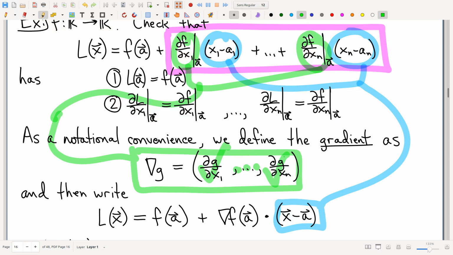And this makes this expression much easier to write down. All of this purple stuff here, now it's just a dot product. That's pretty neat. Now, that said, this new green vector here is brand new. We've never seen that before. It is, for the moment, just a notational convenience.